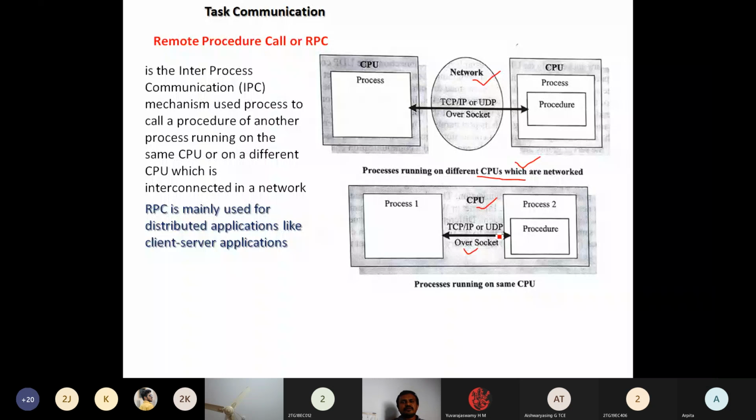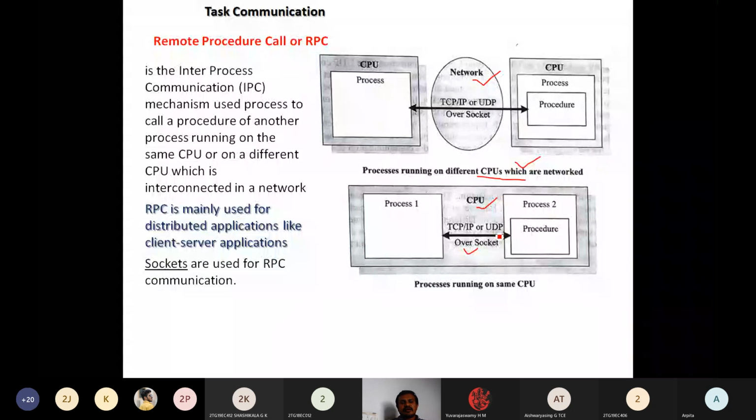So how are they going to communicate? One process on the client side wants to communicate with another process kept in the remote area, that is the server CPU. They are connected through the remote procedure call concept over the internet through internet protocols and sockets. Sockets are used for RPC communication.